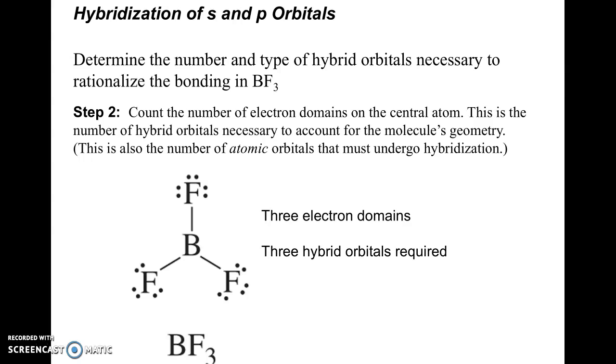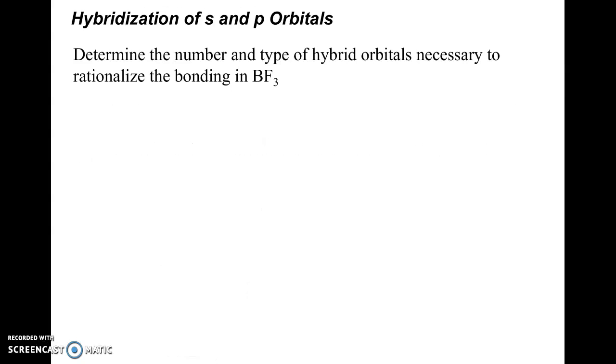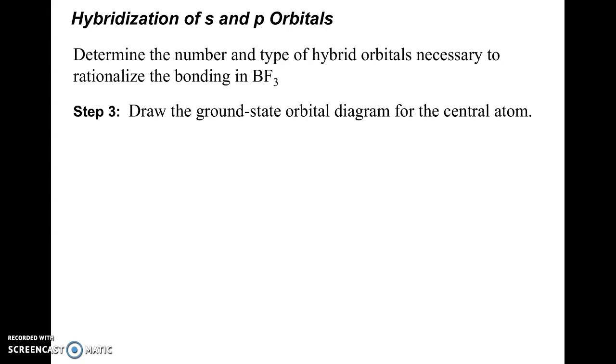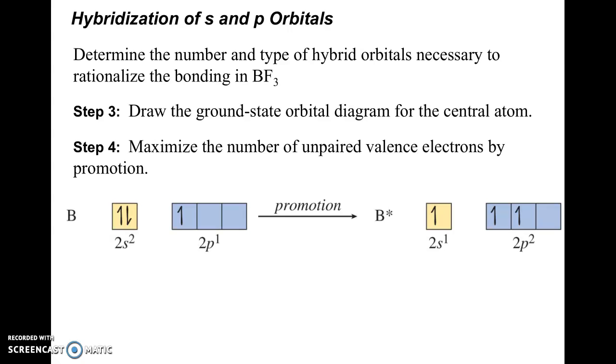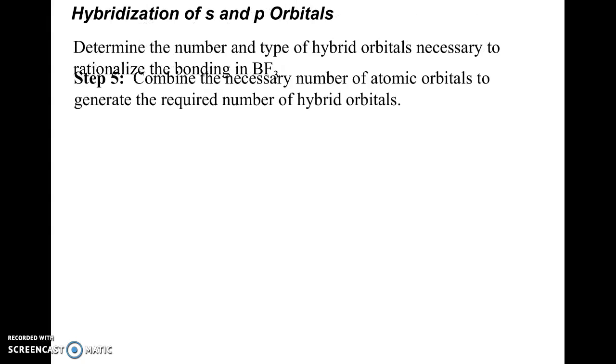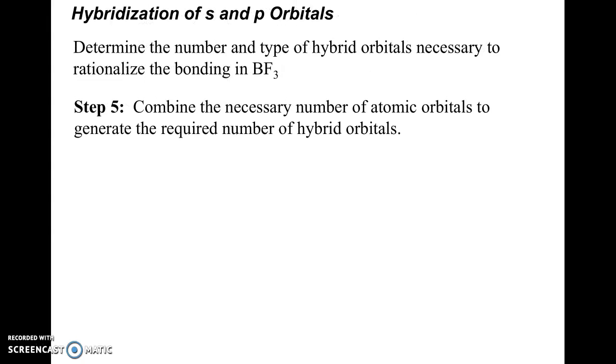And this is what makes hybridization really simple to do in the problems. We draw the ground state orbital diagram for that central atom, and then we maximize the number of unpaired valence electrons by promoting them. In this case, boron has to have 3 electrons, but in single orbitals. Then we combine those so we get the right number of hybrid orbitals.